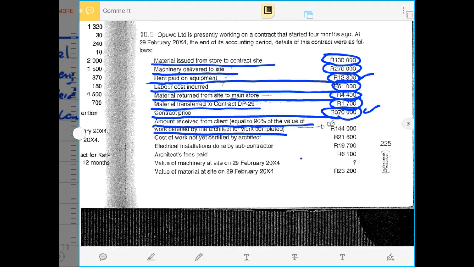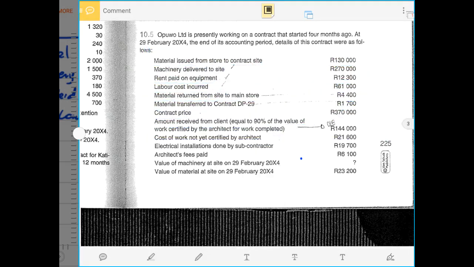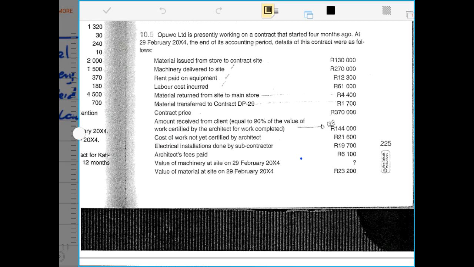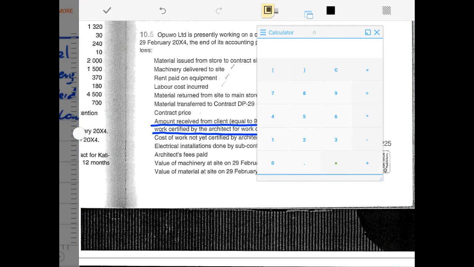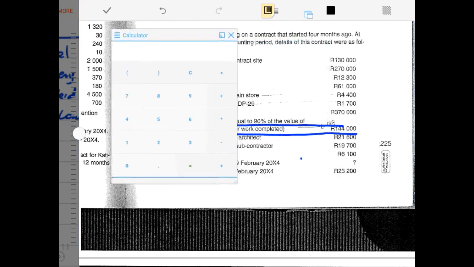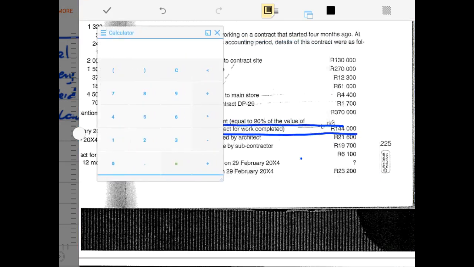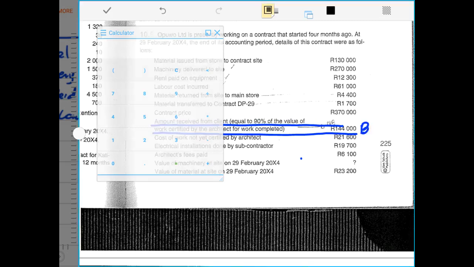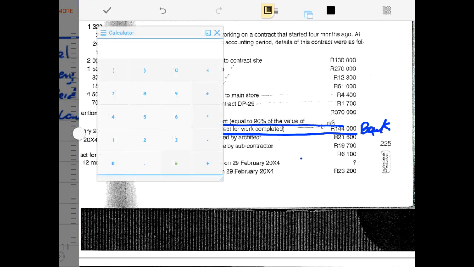So now this is only 90% that we see here. Meaning now if the amount that we see, which is 144,000 rands, is 90% of the work that was completed, it means that we have to calculate the original amount of the work that was certified, because this is the bank that will appear on the credit side of the debtors account, which is our client.